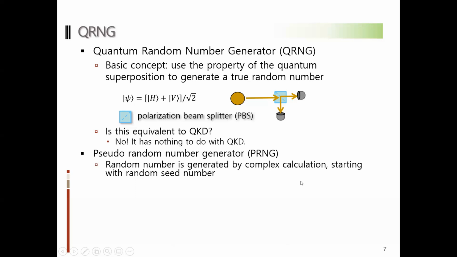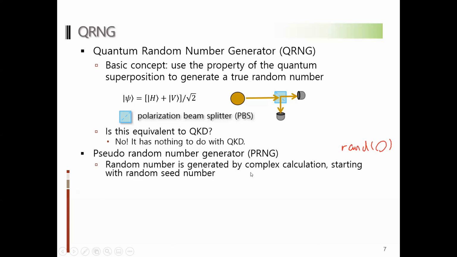If you ever use the random function in programming, you generally use it with some number here, and the number we place here is called a random seed number.